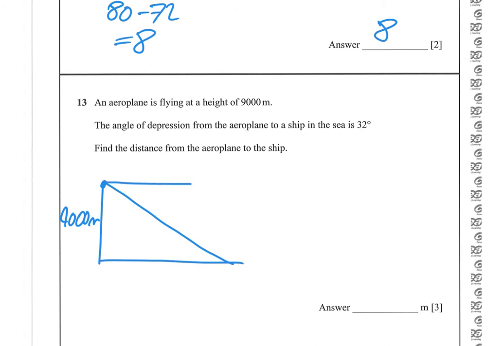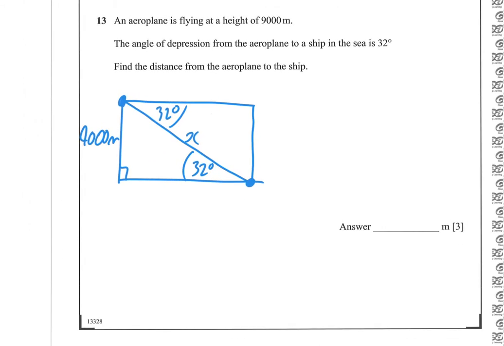And my angle of depression is 32 degrees, which means by alternate angles, that also has to be 32 degrees as well. Now what we need to find is the distance from the airplane to the ship. So x is what we need to find, this wee horizontal. Relative to my angle, that's my opposite side. The x is the hypotenuse.